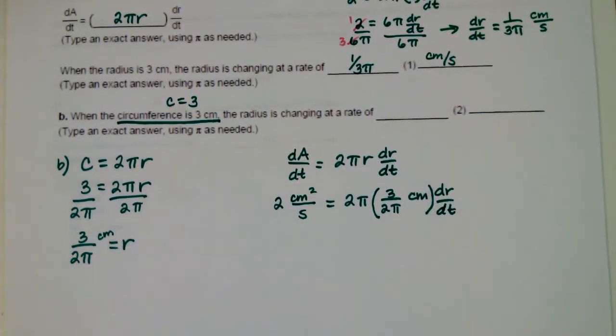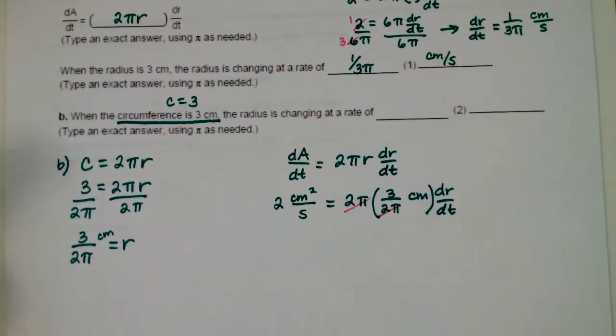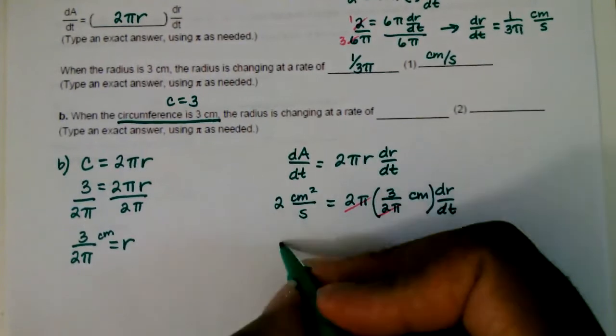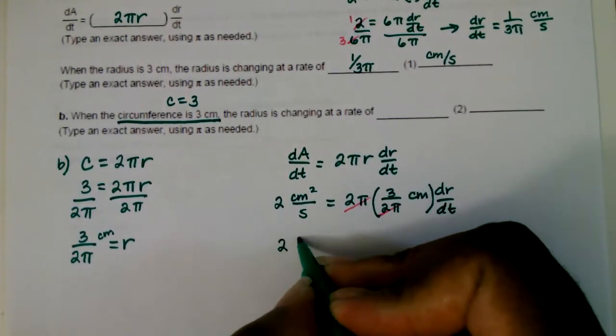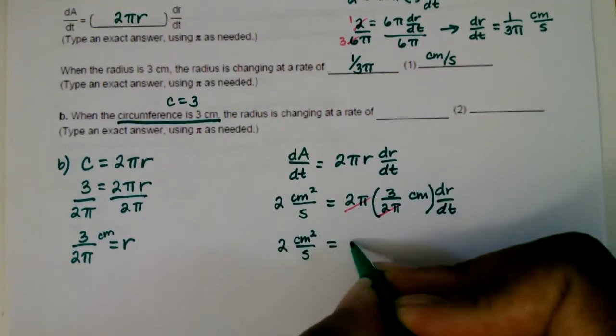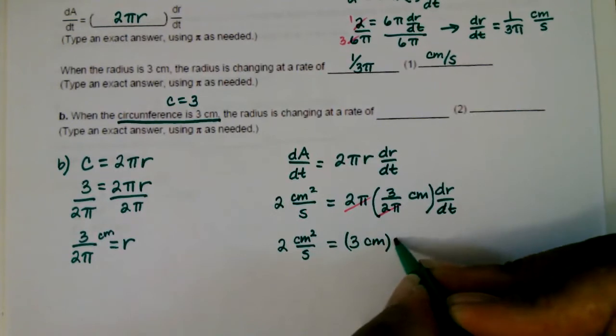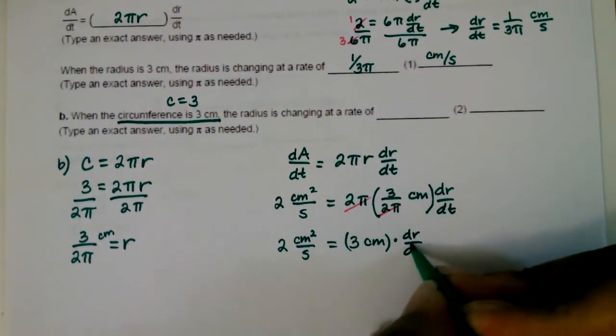Now, if I simplify this a bit, these 2 pi's divide out. So here I'm going to have 2 square centimeters per second, and that's equal to 3 centimeters times dr/dt.